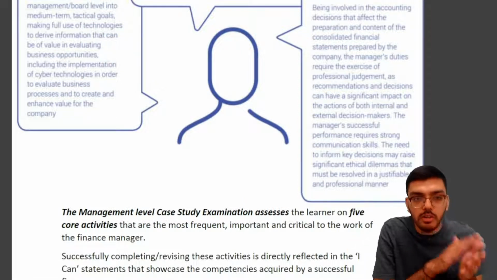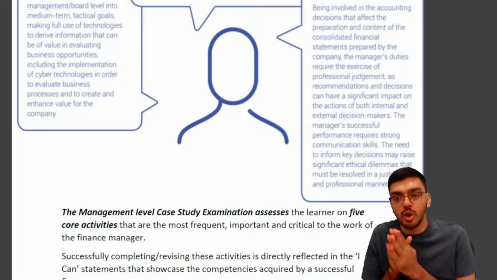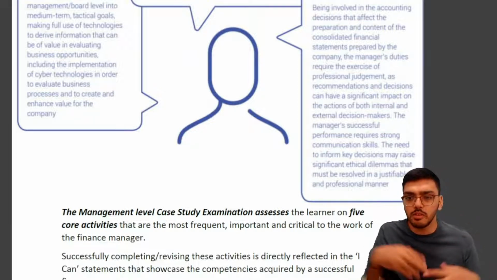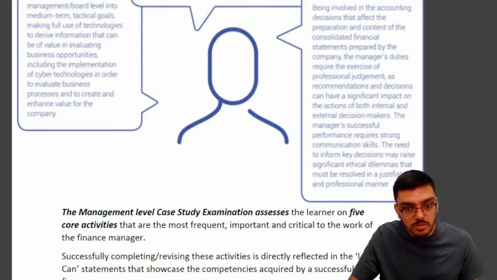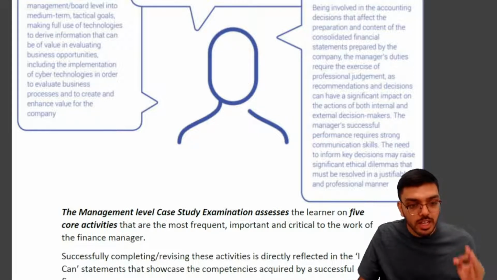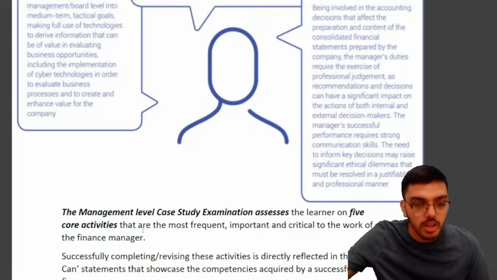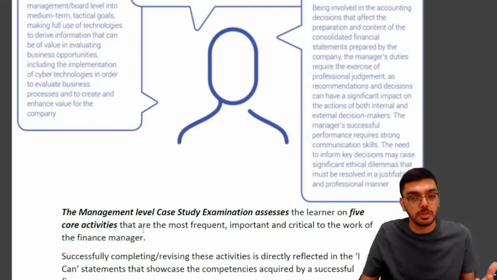To be a good finance manager, you will need E2, P2 and F2 knowledge, specifically P2 knowledge. If you have that knowledge, you can fulfill the role of a finance manager by giving them a satisfactory answer. So successfully completing your revision on the E2, P2 and F2 syllabus will ensure that you have the competencies which are required by a successful finance manager. This is the basic and this is the gist.